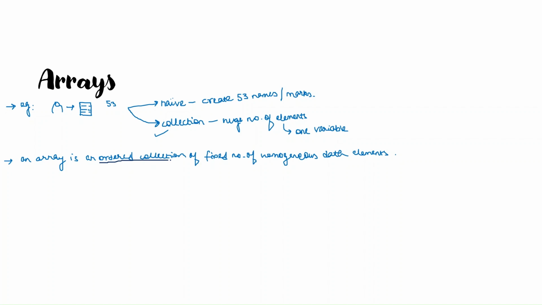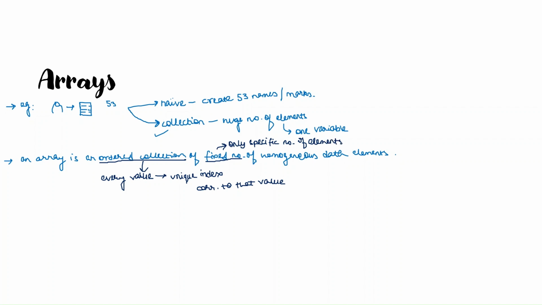Ordered collection, it means for every value stored in that array, there is a unique index corresponding to that value. That is what ordered collection means. Fixed number, it can store only specific number of elements.